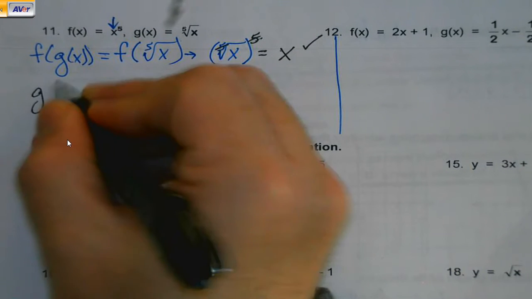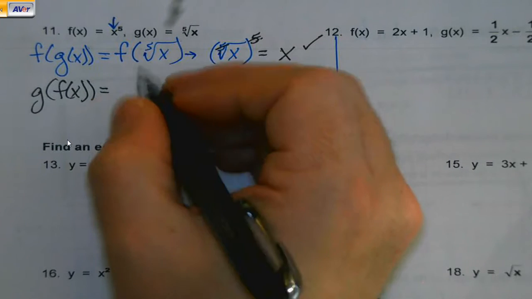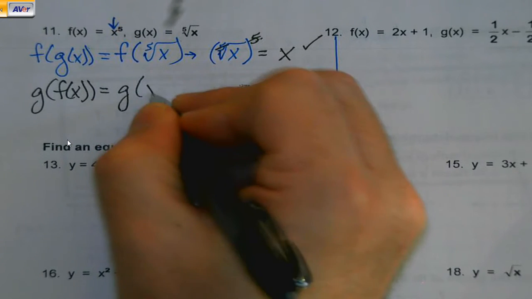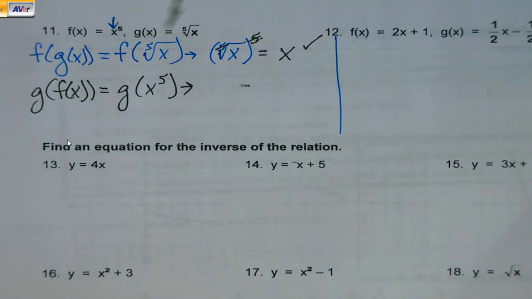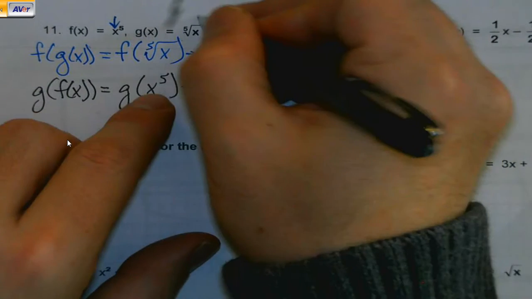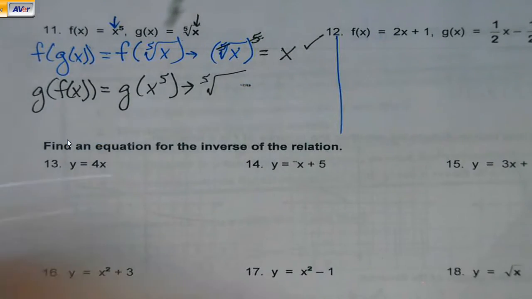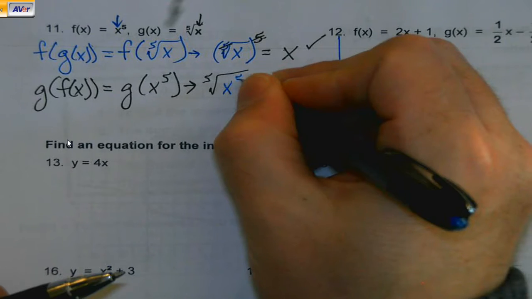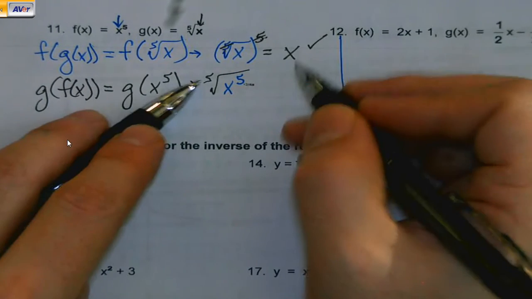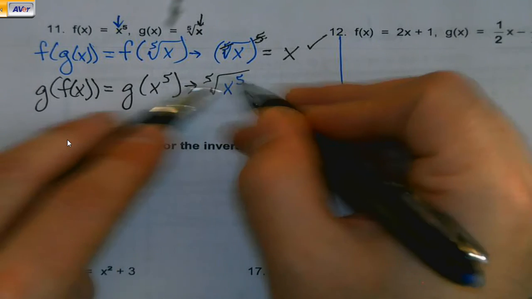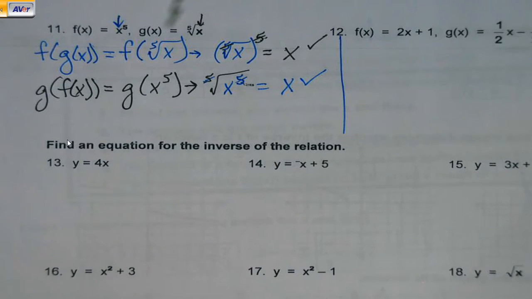Now I just got to make sure it works both directions. And sometimes it may work in one direction and not the other. So here, I'm going to take my g function, and I'm going to replace the x with x to the fifth, and I'm in the same situation. Okay? Fifth root and fifth power are inverses, and just leave me with what's underneath.